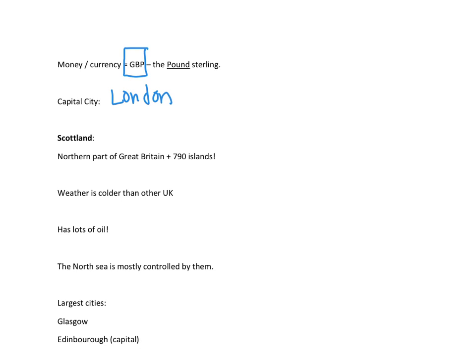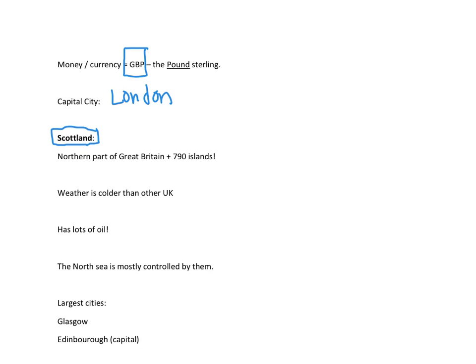Scotland, another country, part of the United Kingdom. We'll look at a map later to give you some idea. Scotland should have one T, I believe. I'll double check that. Scotland is the northern part of the island of Great Britain, and it has 790 or more islands. Wow.